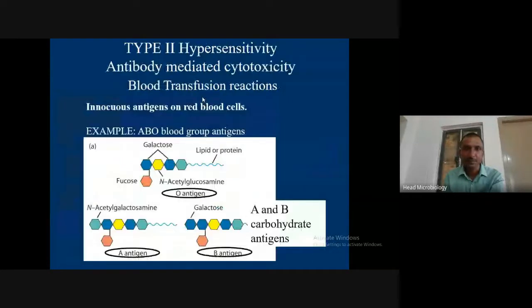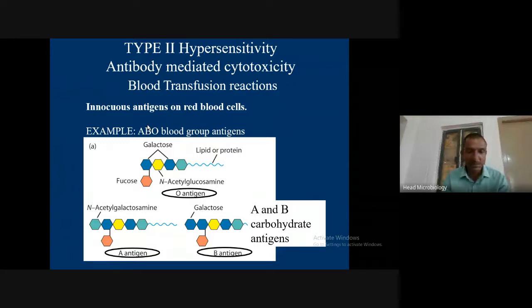Coming to type 2 hypersensitivity, it is antibody mediated cytotoxicity, such as blood transfusion reaction. For example, the ABO blood groups are antigens. If A blood group is transferred to a B group, it creates a hypersensitivity reaction.